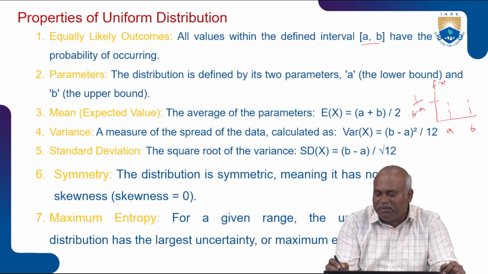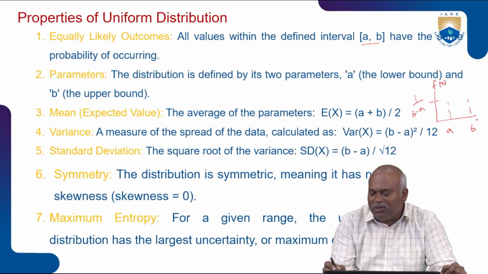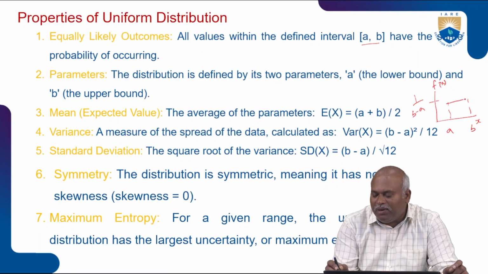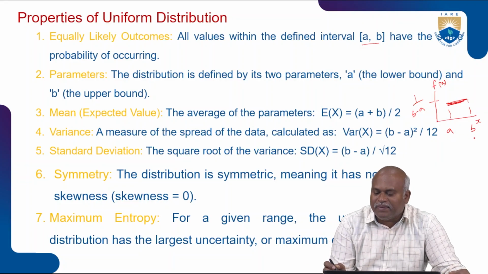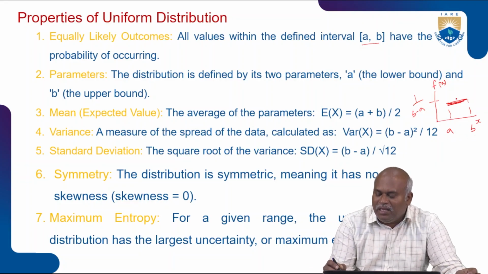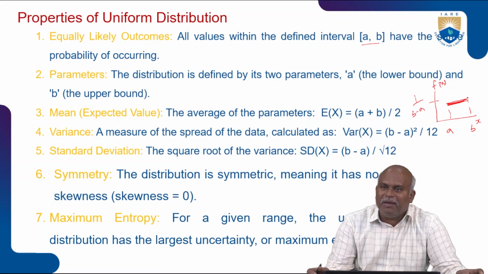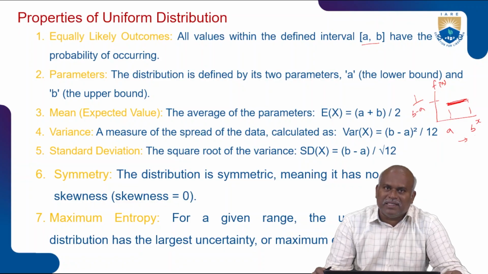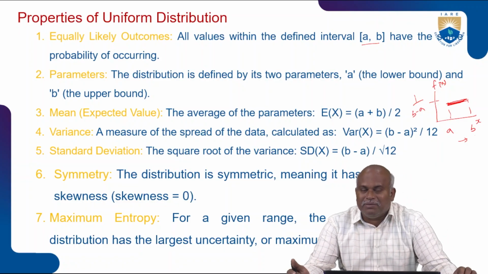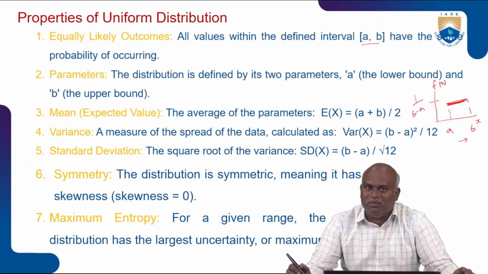The probability density function I take as f(x), and the continuous variable is represented as x. The probability is uniform. So in the interval between A and B, the probability is the same. Even if the interval is increased from A to B, the probabilities are the same. That's what I represent as equally likely outcomes.